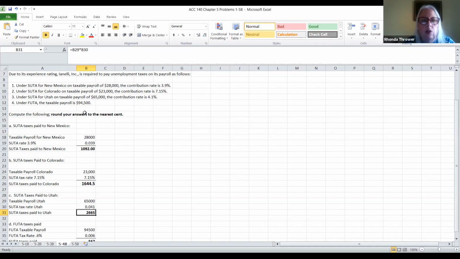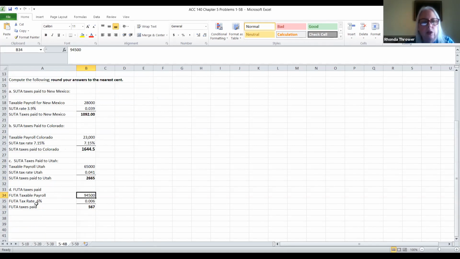And it's based on a taxable payroll of $94,500 that they gave you. We're going to multiply that by the net FUTA tax rate, which is 0.6%, or if you change it to a decimal, 0.006. Multiply these out, and that gives you the FUTA taxes paid.